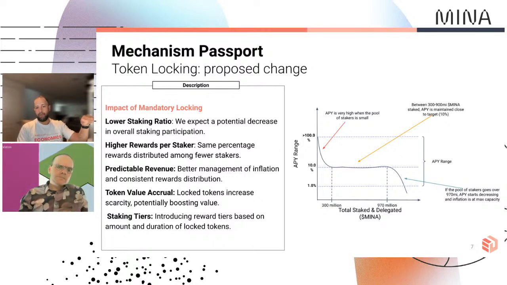And that is also a little bit more predictable because we can actually decide to target a specific APY range. On the graph on the right side here, you can see that I'm displaying a potential APY range around 10%. And we can sustain that 10% APY range for tokens staked in the Mina protocol up to 950 million tokens staked. We can still guarantee that 10% APY range, and down to about 300 million tokens staked.